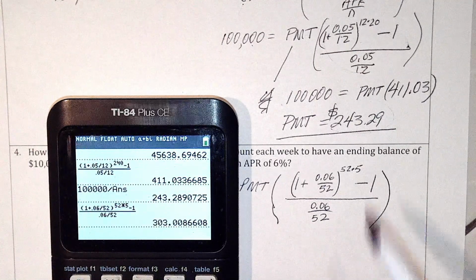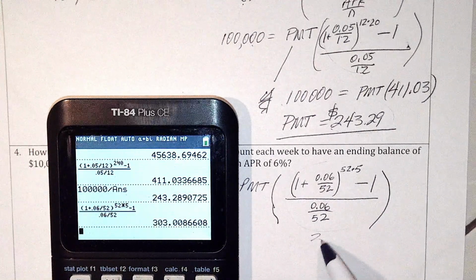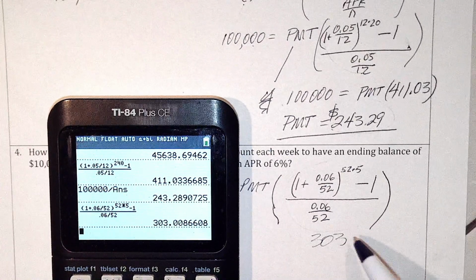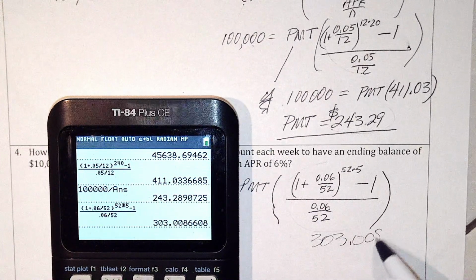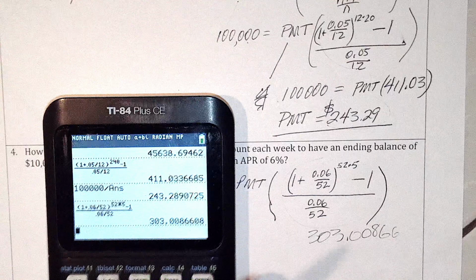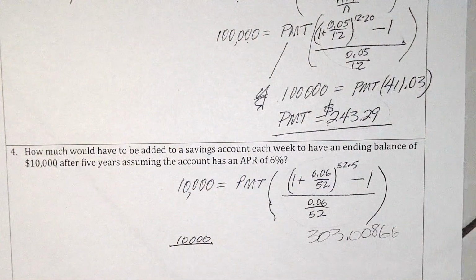And this number is 303.00866, whatever. So I've got to divide that into 10,000.